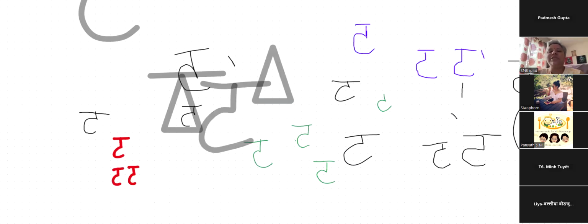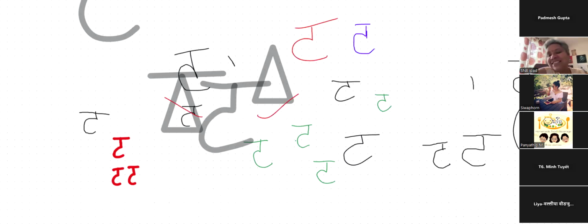Not this. What is this? Not triangle. T. Okay. Like this. T. Okay. Now please write ठ.